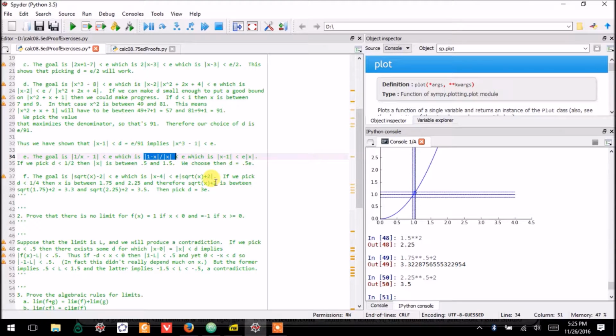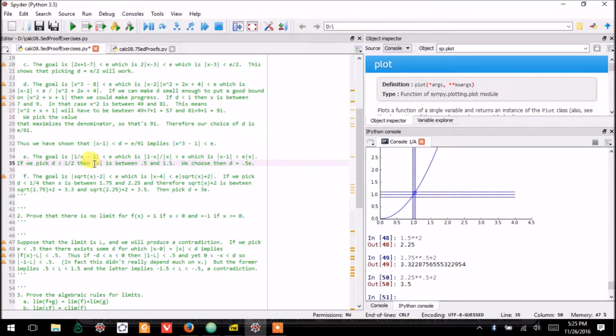Multiply absolute x to the other side, and now we want something less than this as our choice of delta, because we've got x minus 1 here, which is what is related to delta. So we know that the minimum, if we constrain delta to 1/2 this time, keeping it away from 0 where there are problem spots, so we choose delta less than 1/2, and therefore x is between 0.5 and 1.5, right?